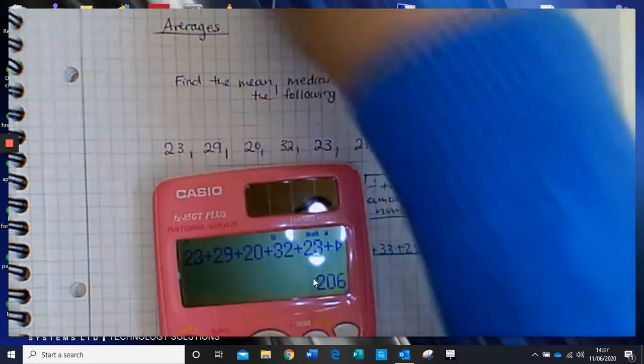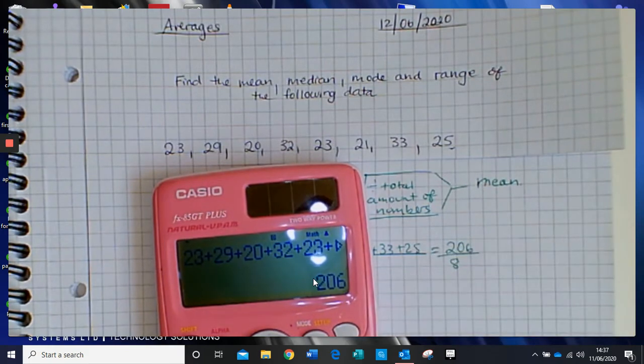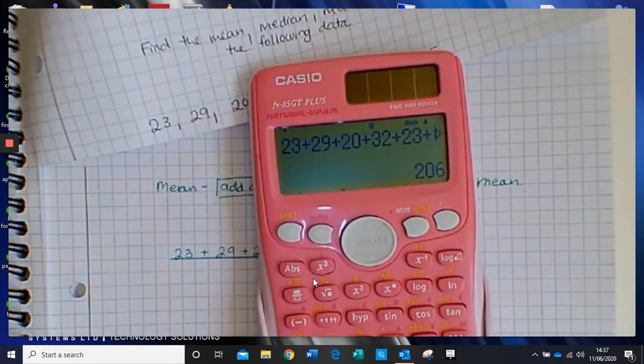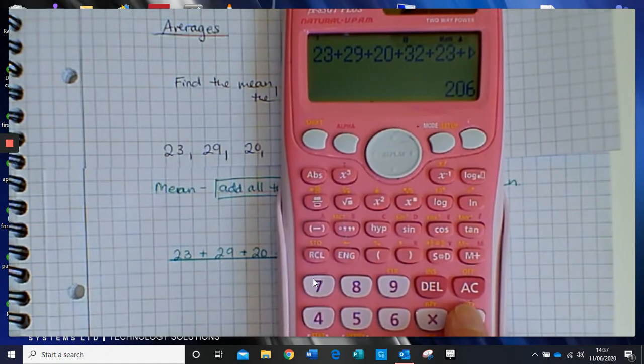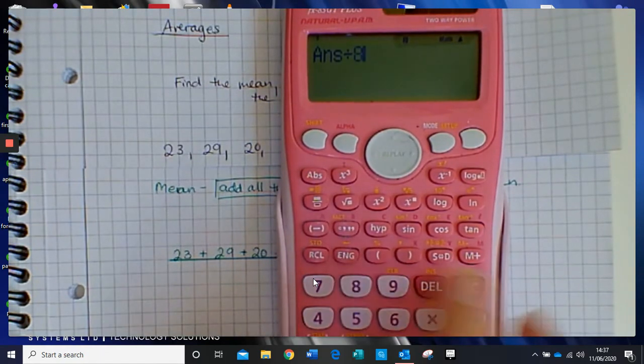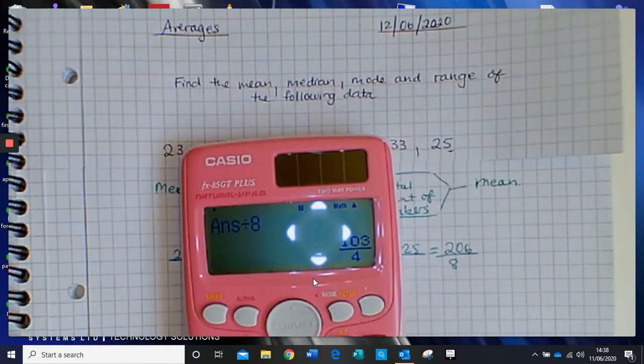I'm going to write that down. 206. I need to divide that by 8. So I am going to do divide by 8 equals, and it says 103 divided by 4. So all it's done is simplified that fraction that we wrote over there.